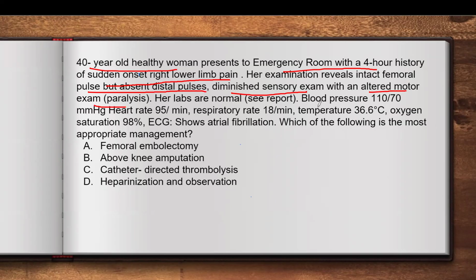Her labs are normal, blood pressure 110/70, heart rate 95, respiratory rate 18, temperature 36.6, and oxygen is 98. ECG shows atrial fibrillation. Which one of the following is the most appropriate management? Femoral embolectomy, above knee amputation, catheter directed thrombolysis, or heparinization and observation? So, what would be the answer here in this case?